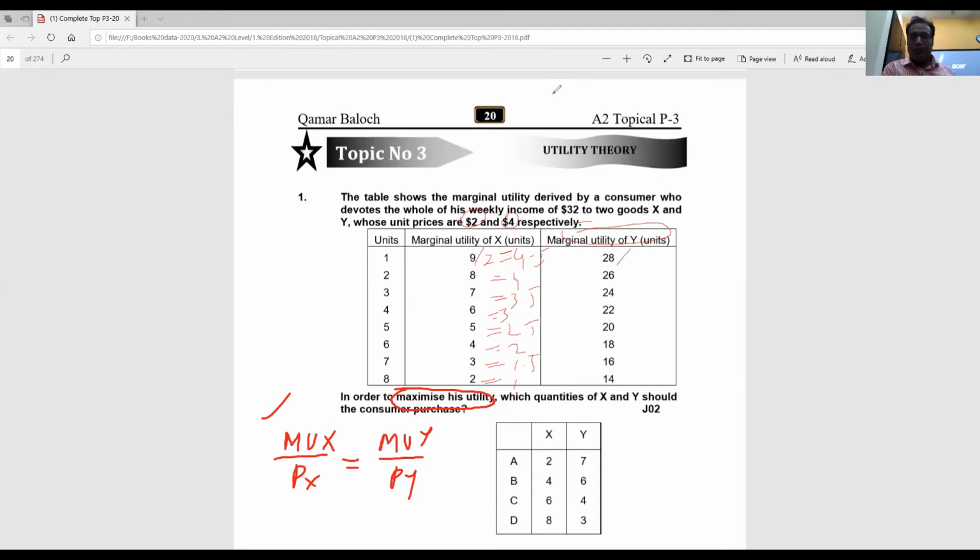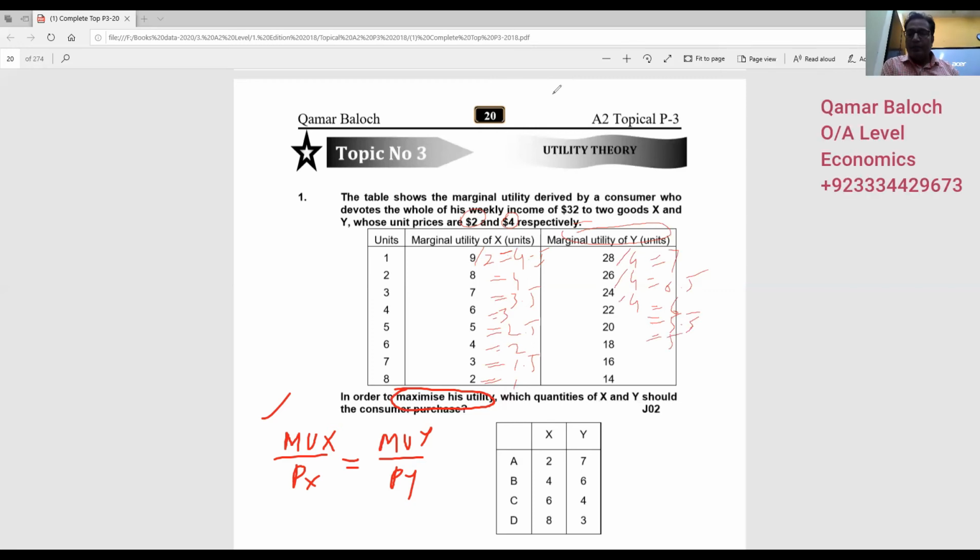So 24 over 4 will give us 6, 26 divided by 4 will give us 6.5, 24 divided by 4 will give us 6, and then 22 divided by 4 is equal to 5.5. 20 divided by 4 is equal to 5. 18 divided by 4 is equal to 4.5, and 16 divided by 4 is equal to 4. 14 divided by 4 is equal to 3.5.